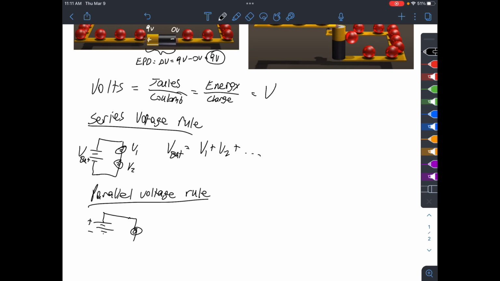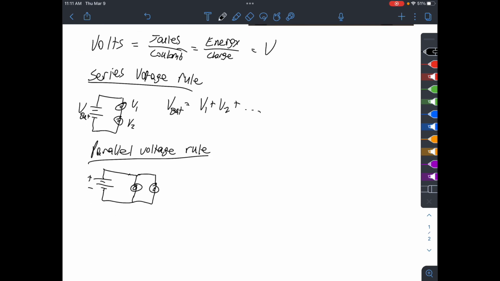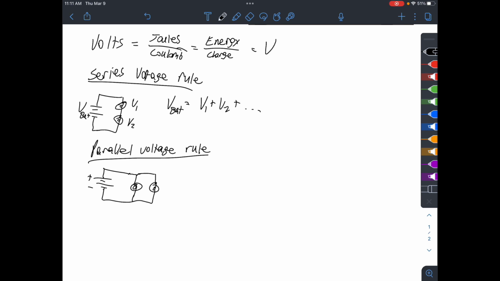Light bulb number 1. Light bulb number 2. And again, I have a voltage of the battery, and then a V1 and a V2. For parallel circuits, again, you would have discovered this in the lab. The voltage of the battery is equal to the voltage across each of these components, and they are all equal to each other.